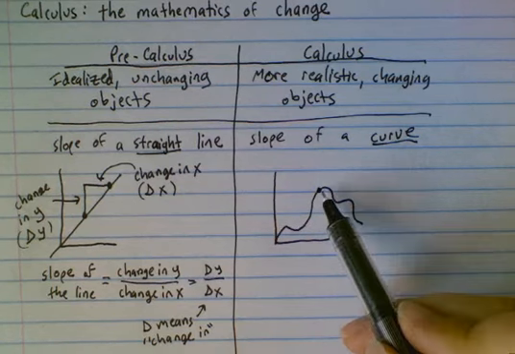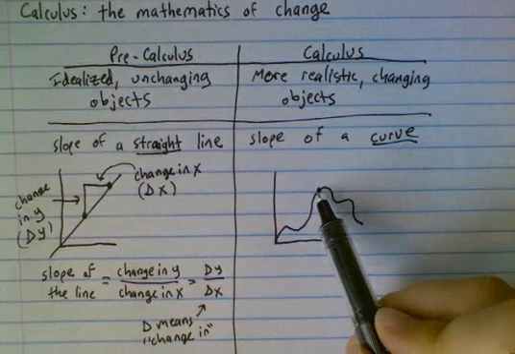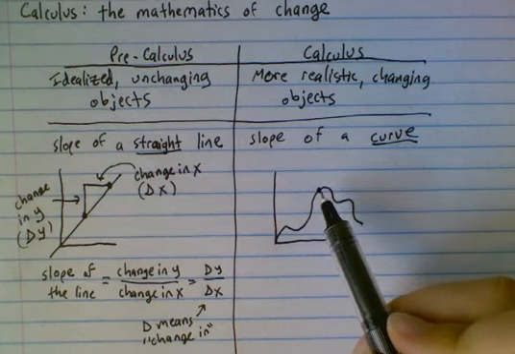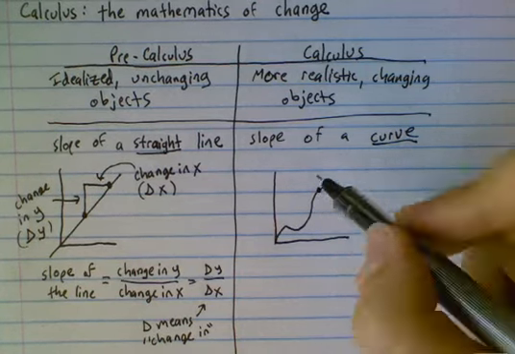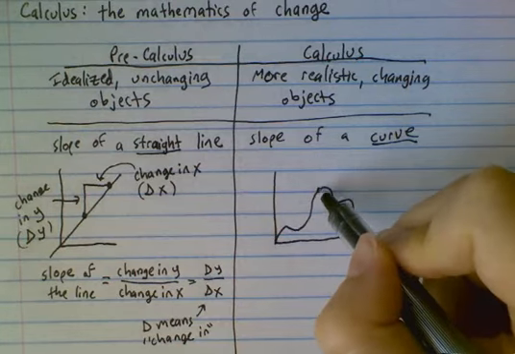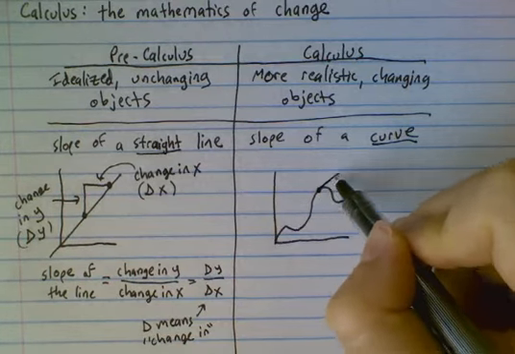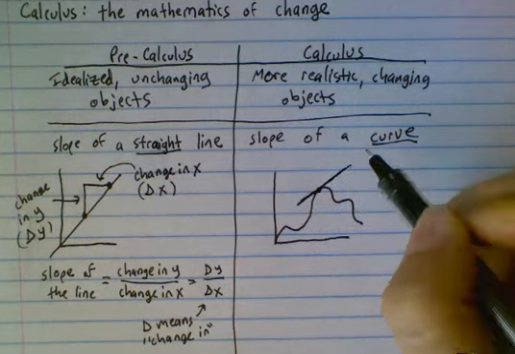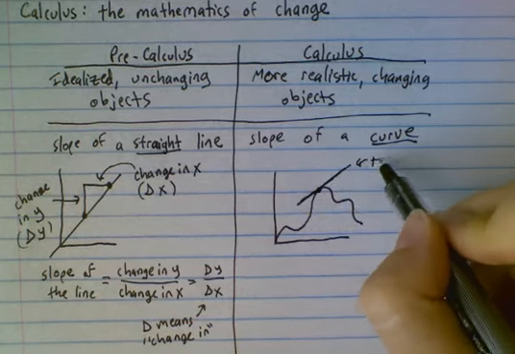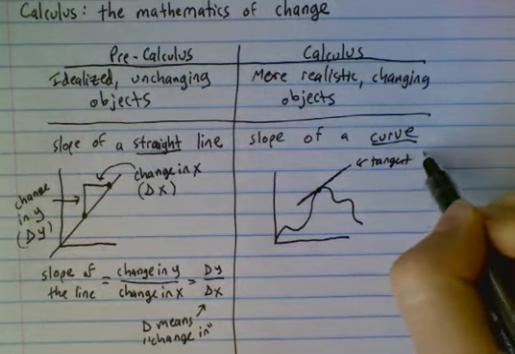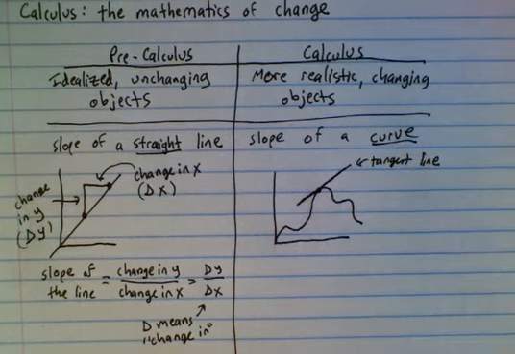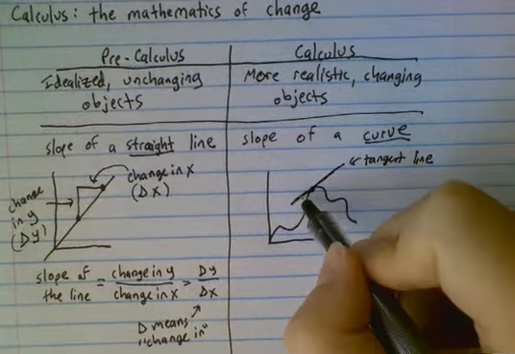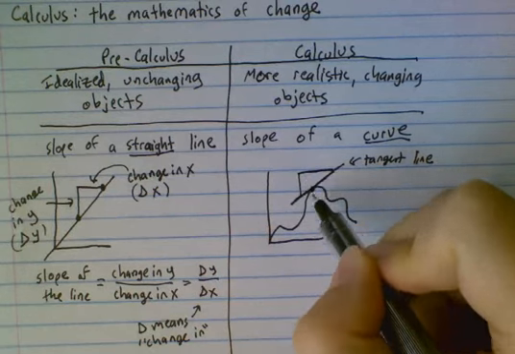This single point is so small that we can sort of imagine an infinitely small change in y over change in x right here. But we can't really see it. What we have to do is expand this curve and continue it as if it were a straight line. This is called a tangent line. And once we have that tangent line, now we can actually see our change in y over change in x again.